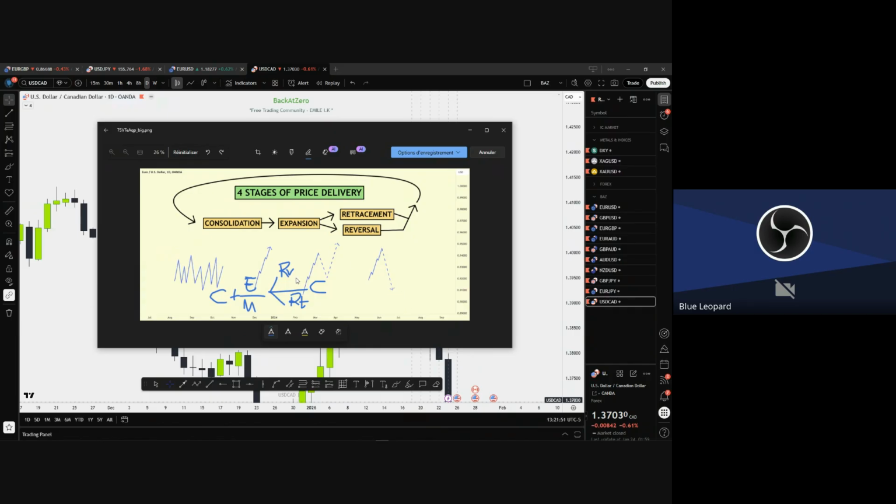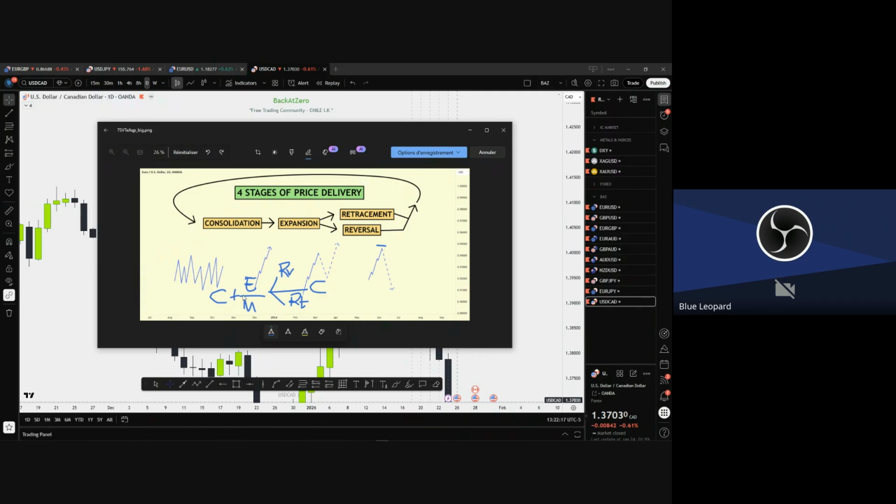But after this reversal that we saw here, we could also have a retracement, like we said here, because reversal is the expansion in the other direction. So now you know we have expansion and reversal. They have the same nature of movement. Retracement, it's almost like a consolidation, but we are going back inside the range.